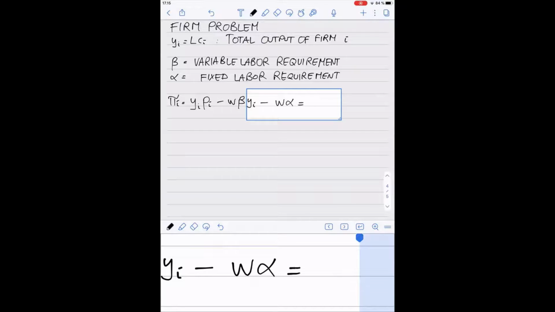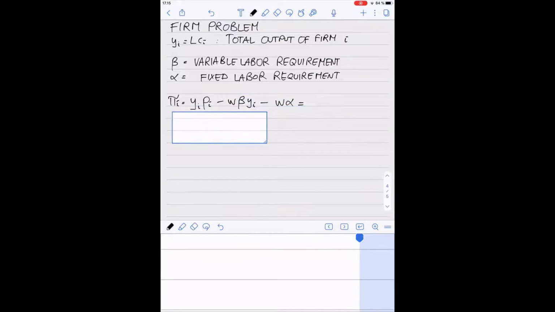Now we're going to rewrite this, substituting for total output, so that we have L Ci times pi, which, recall, is also a function of Ci.